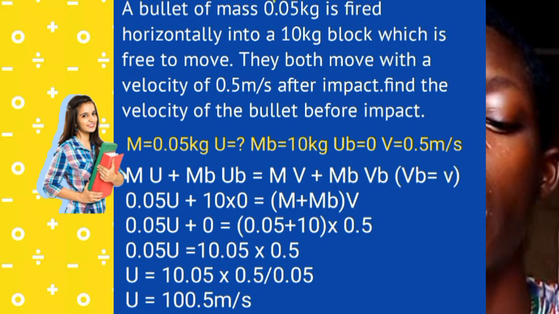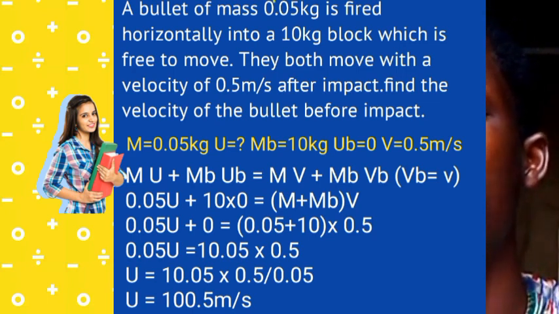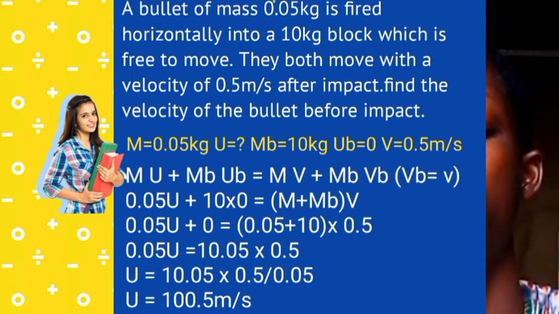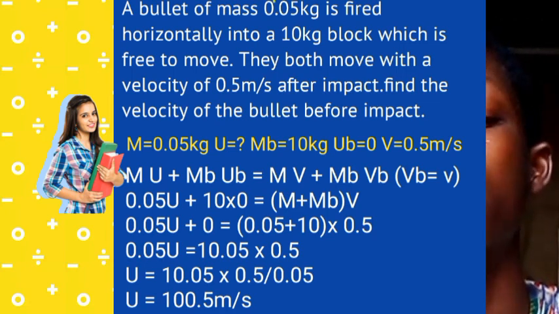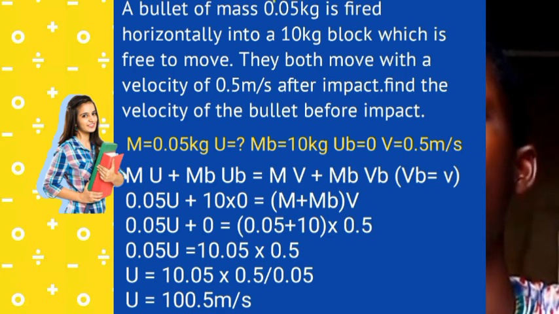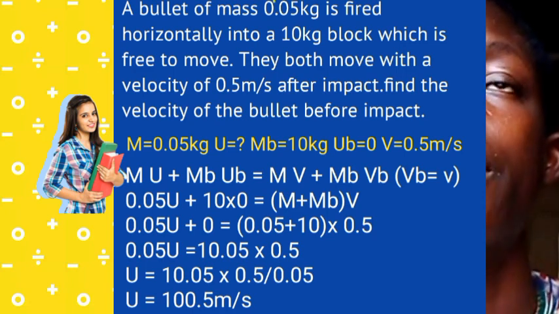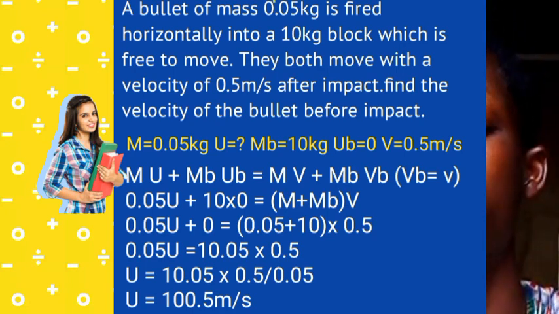That means the block is stationary. They both move with 0.5 meters per second after impact. They both move with the same velocity after impact. Find the velocity of the bullet before impact. The initial velocity of the bullet, that is what we are going to find.